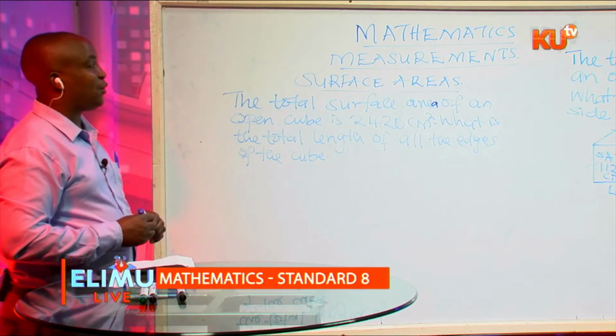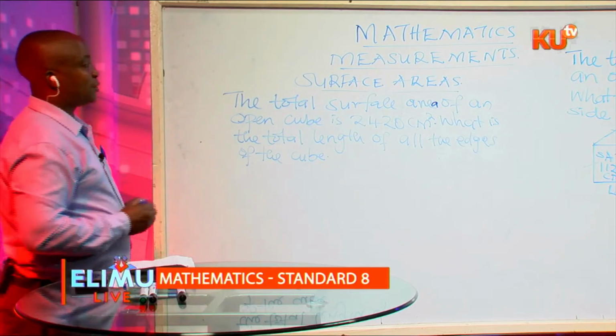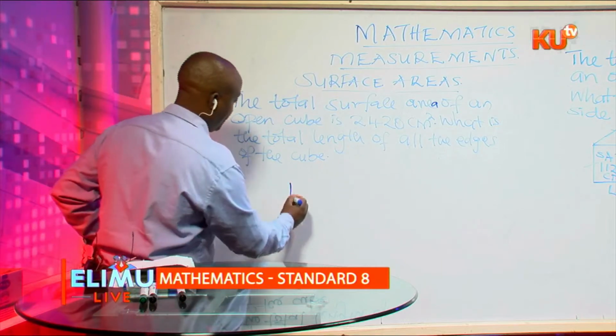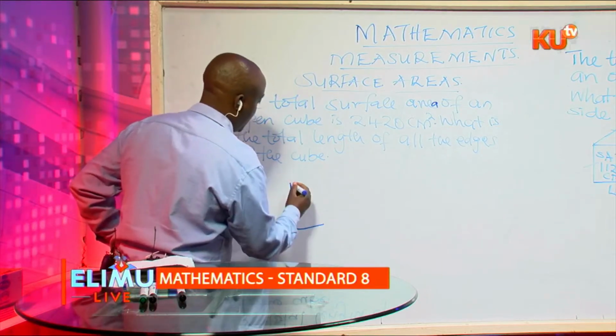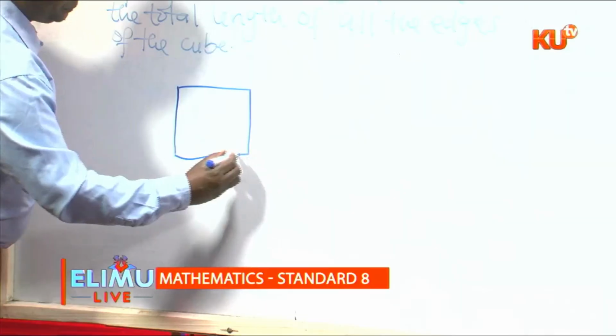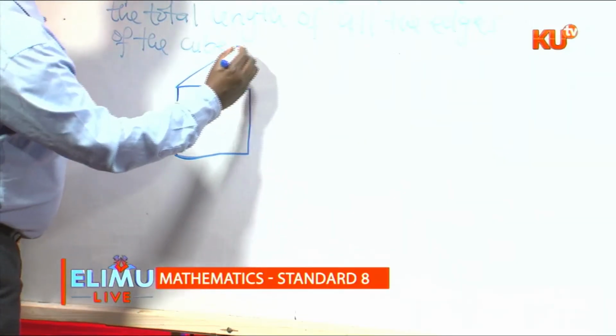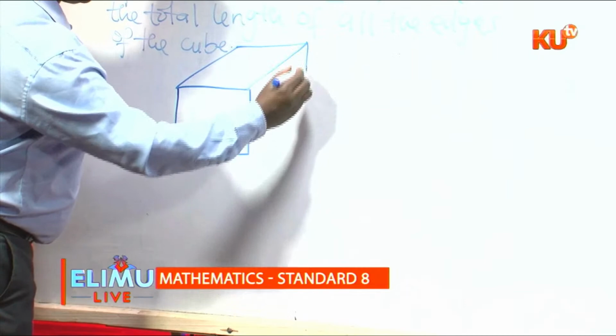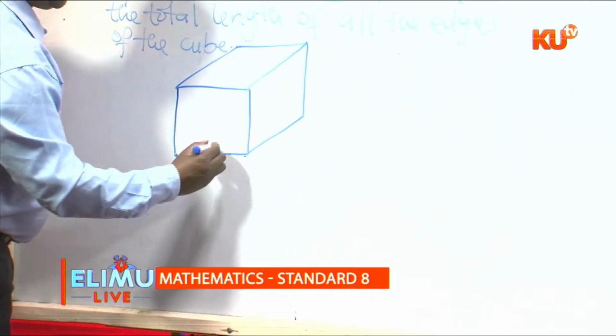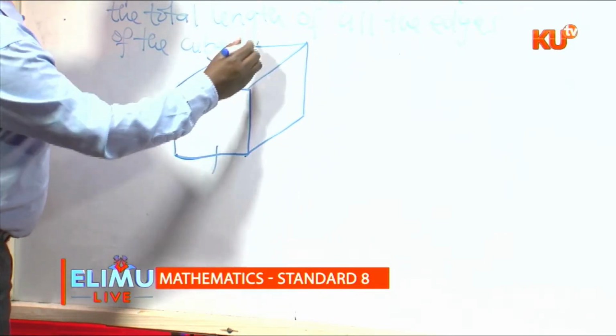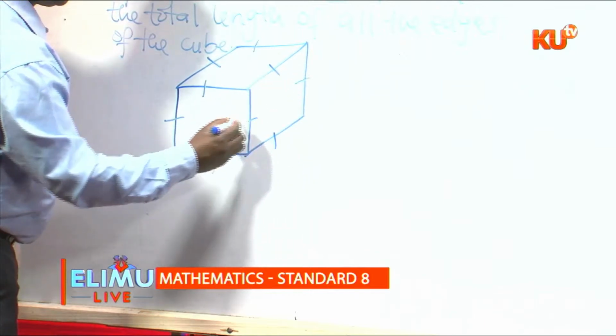What is the total length of all the edges of the cube? So I'm going to draw a cube here. This is a cube. All the sides are equal.